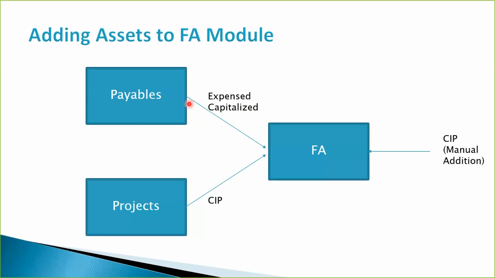For example, if you purchase a vehicle from a dealership, you get an invoice from them, right? And so you can add that asset to FA from payables because it's something that you've purchased and you have an invoice for, and all that process of the procure to pay. And the same thing for expensed assets. They can come from payables module.